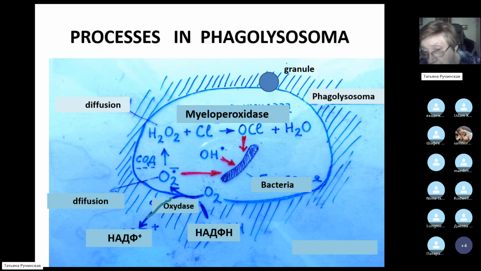And these free radicals appear under the influence of myeloperoxidase, and not only that, but on the plasma membrane of neutrophils and monocytes appears such an enzyme as NADPH oxidase, nicotinamide adenine dinucleotide phosphate.